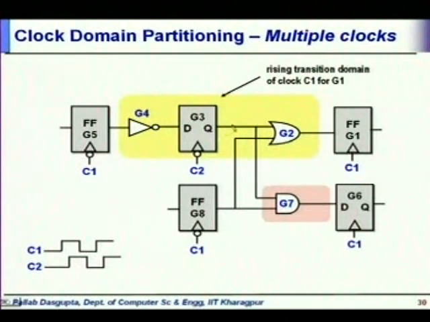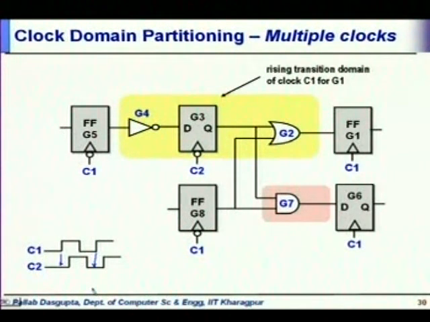So now let us see, when we are talking about the rising clock for C1, when C1 is rising, at that time what is the value of C2? At that time the value of C2 is 0. Whenever C1 is rising, C2 is 0.